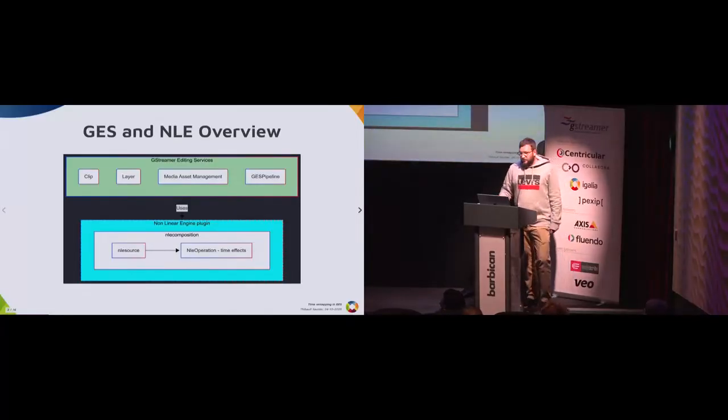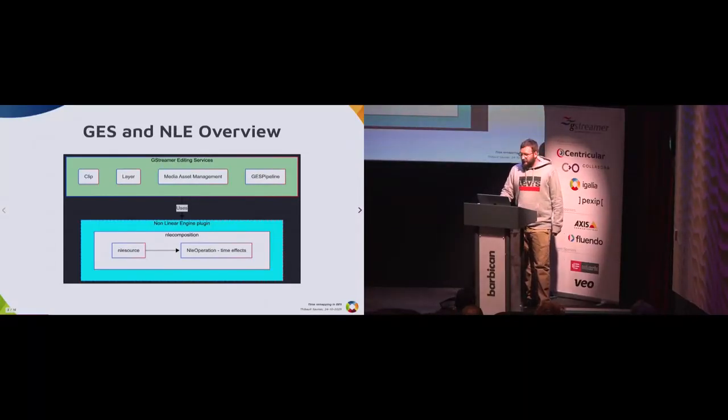The key elements are the NLE composition, which orchestrates everything. And then you have NLE source for the media source, and you can use basically any GStreamer source element inside of it. And then you have NLE operation, which can be used with filters inside. So you could have a compositor, for example.